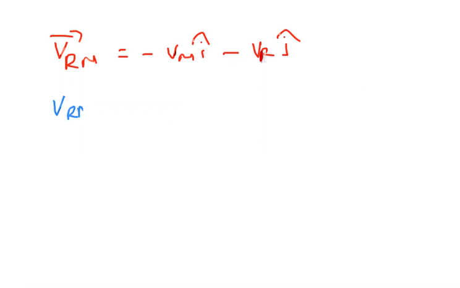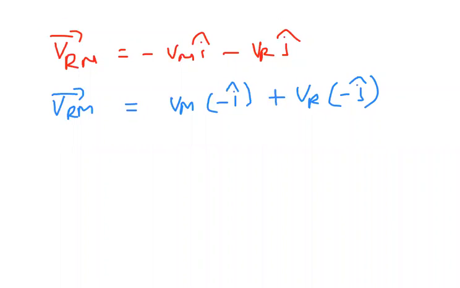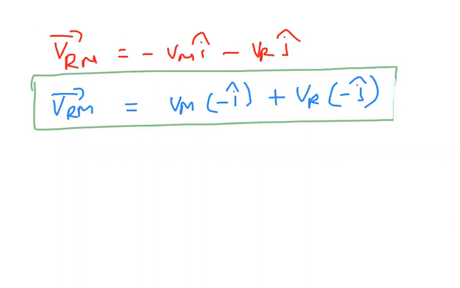What I wrote here, VRM bar is equal to minus VM i cap minus VR j cap. I think you can easily understand this expression. We can write it like this also: VM into minus i cap plus VR into minus j cap.